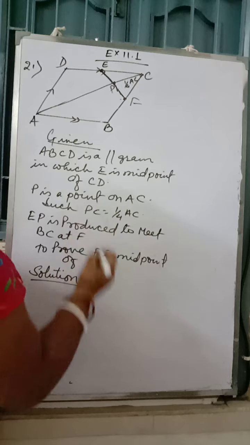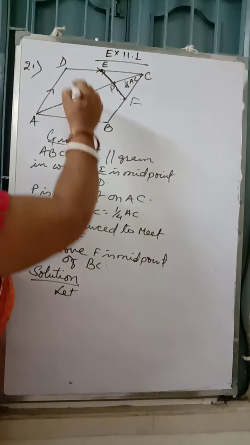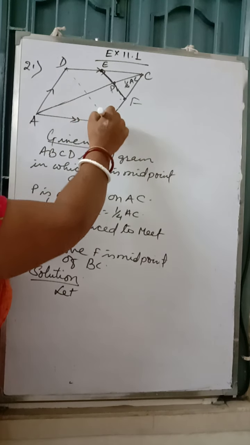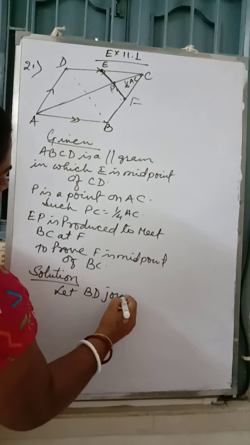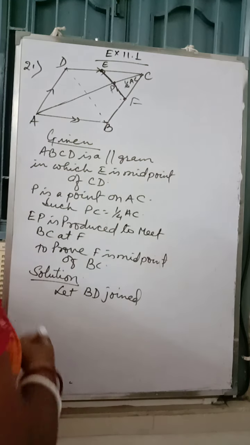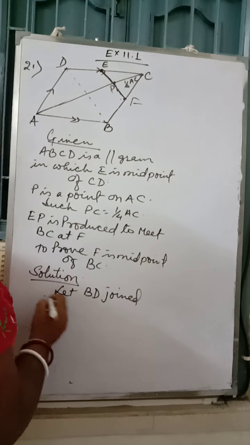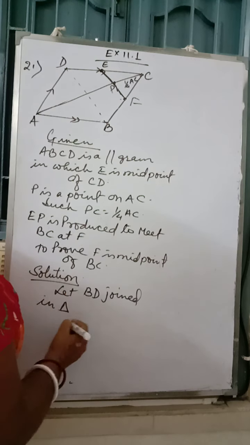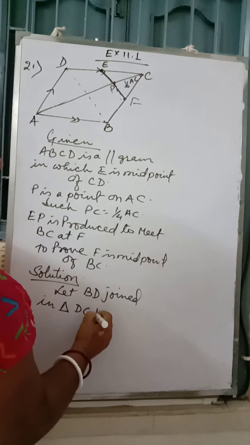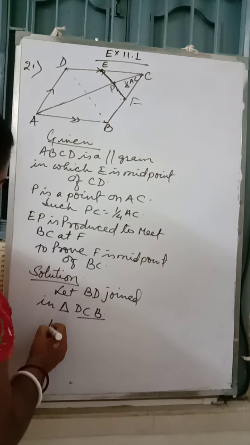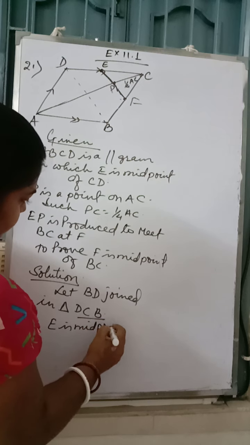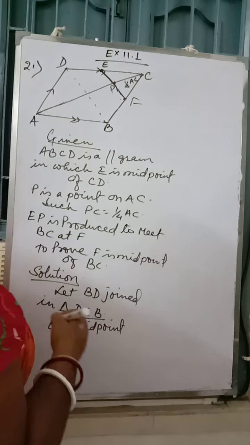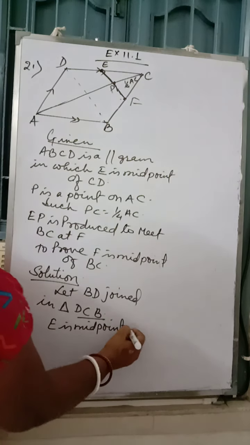Now the solution. Let BD join. So in triangle DCB, E is a midpoint of CD.